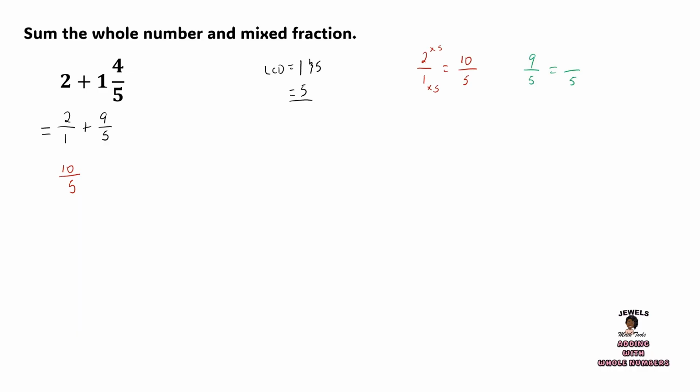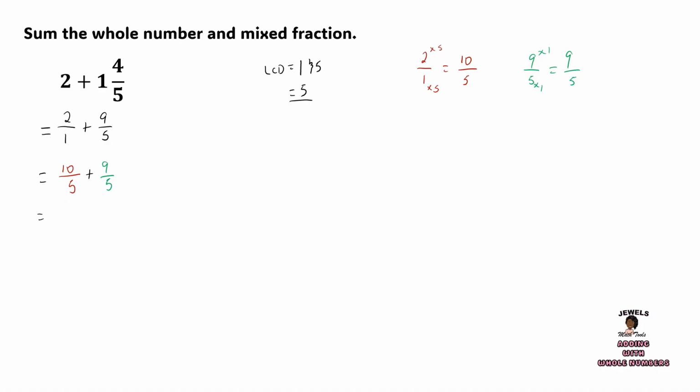And why I'm saying that is because we know that 5 times 1 is going to equal 5, which means that 9 times 1 will also equal 9. So in most cases, if the fraction already has the denominator of the LCD, you don't have to worry about changing the fraction because it's going to be the exact same thing.